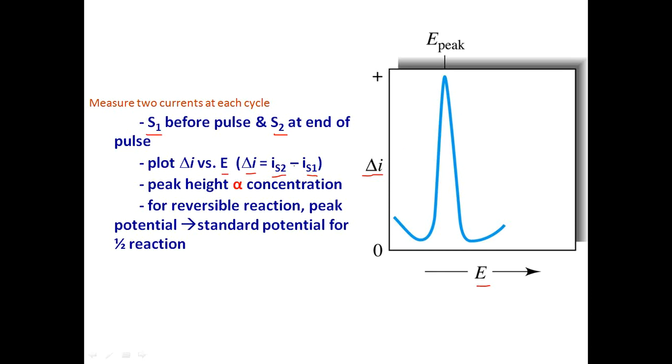It is not the sigmoidal curve that you got for normal pulse polarography. So in differential pulse polarography you get a peak-shaped polarogram, and the E peak is approximately equal to the E half of the electroactive species. So at E half values you obtain the peak potential, and the height of this peak is directly proportional to the concentration of the electroactive species.